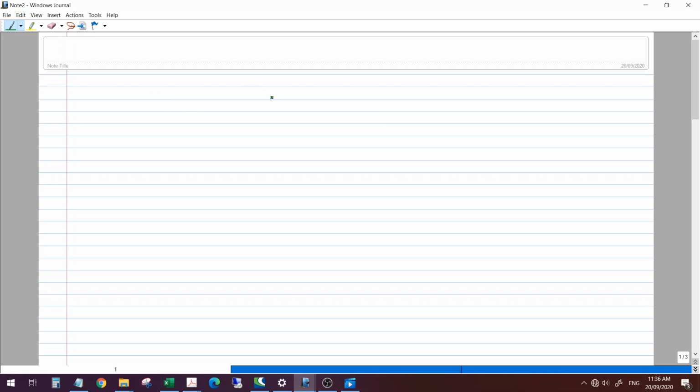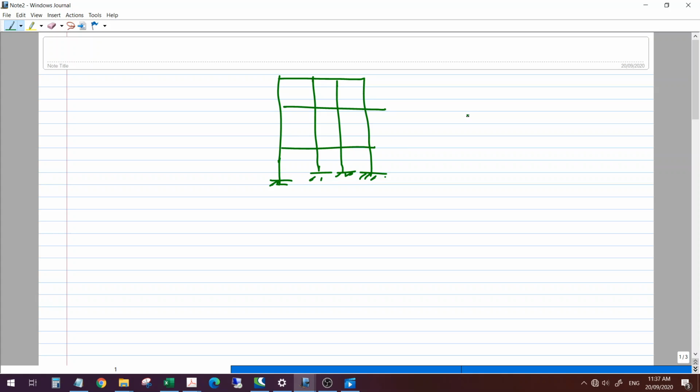Okay, say this is a structure. This structure has an inherent property we call K, or stiffness.